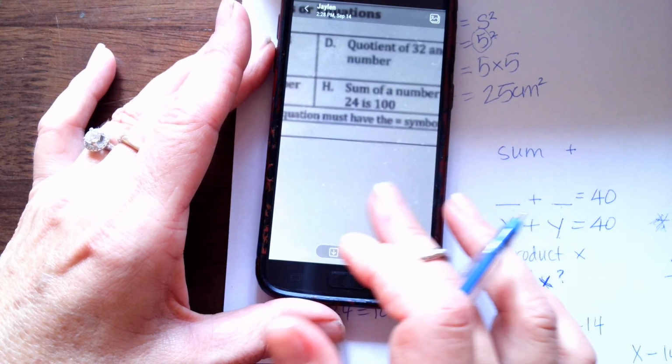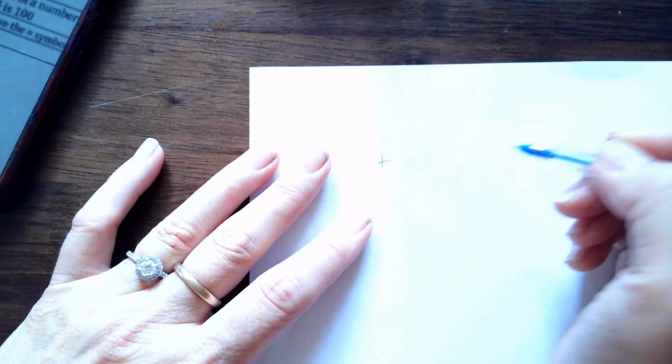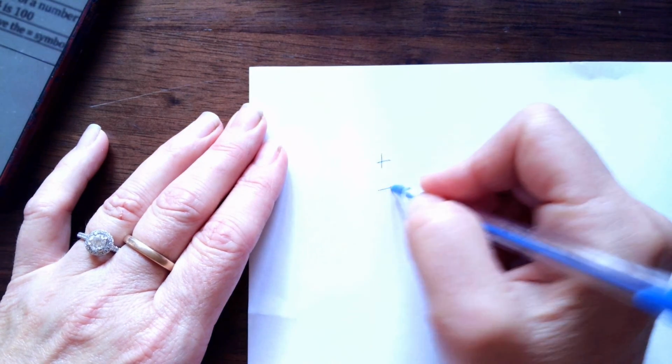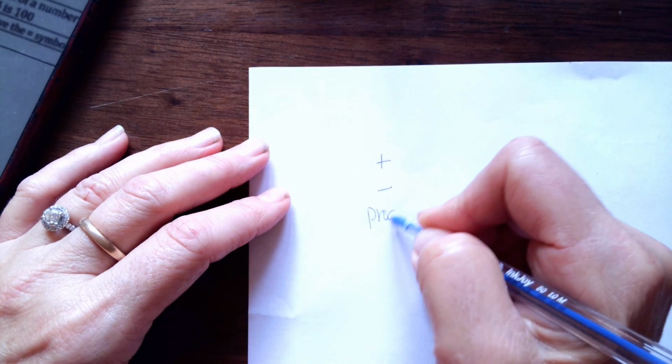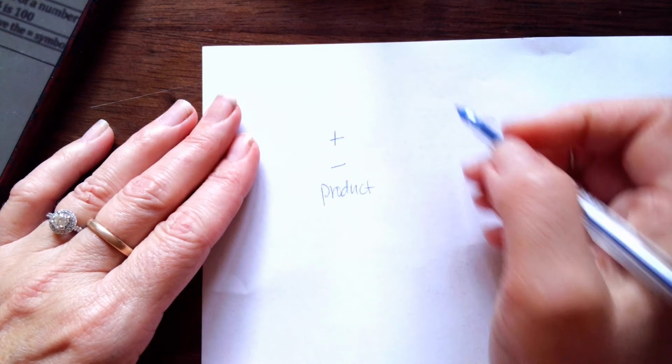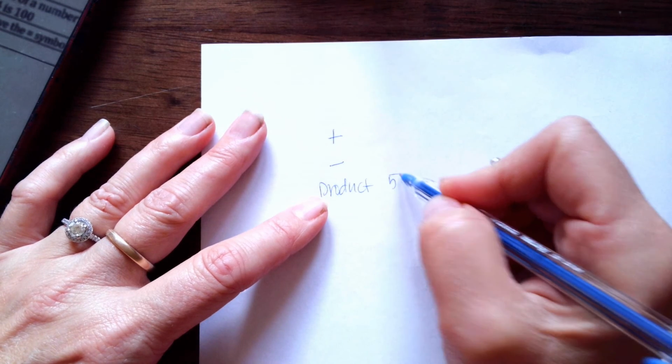Okay, so sum is plus, difference or less than is subtraction, product means multiplication, and we show multiplication like this.